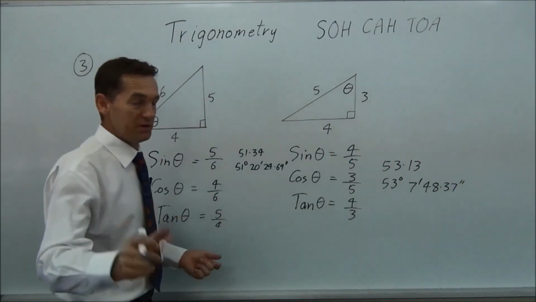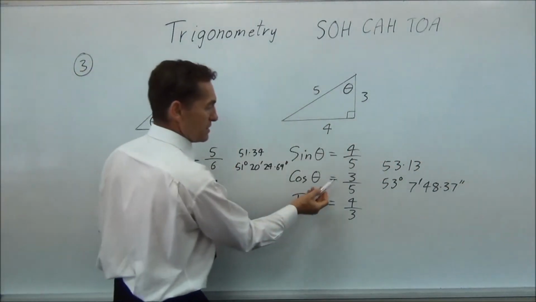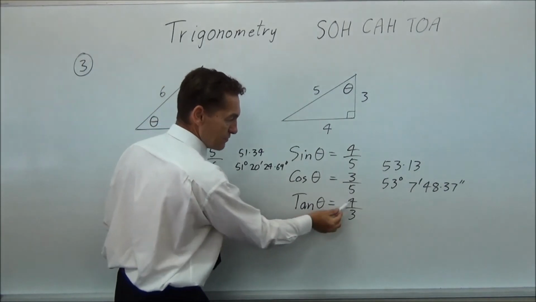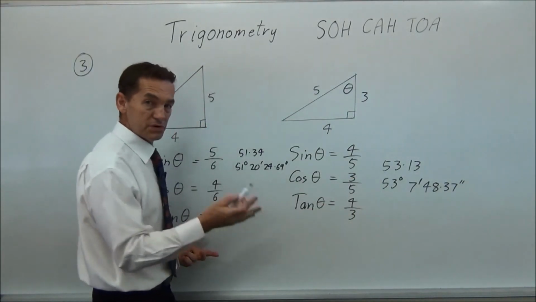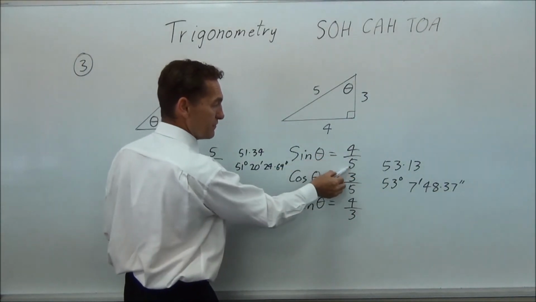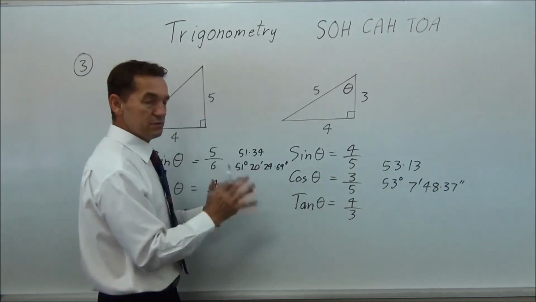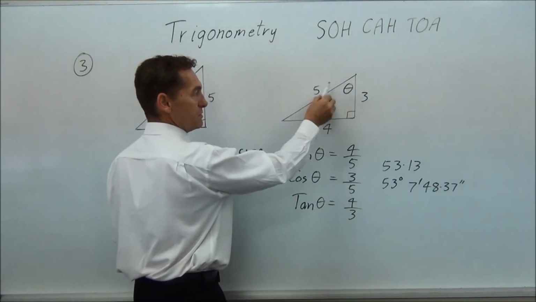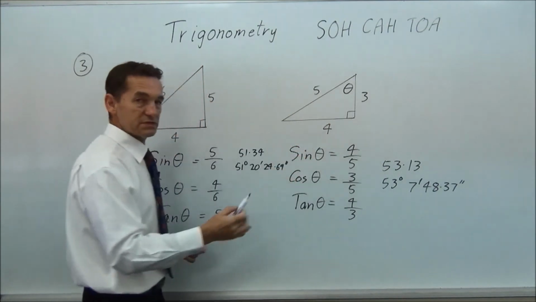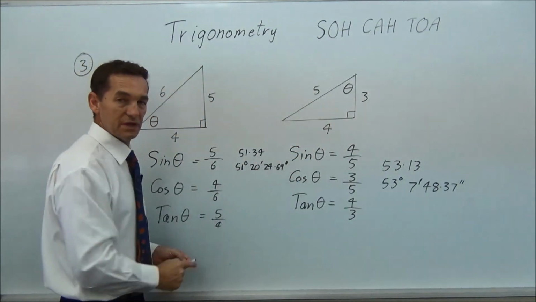Now I didn't do that in my head, we've already done it before. So if you press Shift Tan 4/3, you'll get this. If you press Shift Sine 4/5, you'll get this. So you're looking at the same angle using different aspects of the triangle, but you get the same answer.